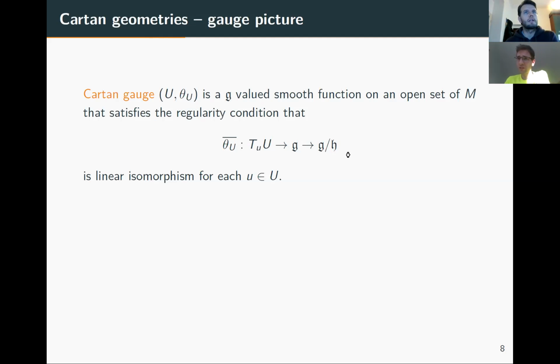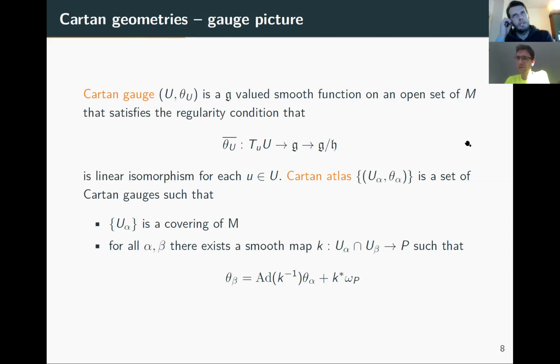So this is a Cartan gauge, and then a Cartan atlas is a set of Cartan gauges such that you actually cover your manifold, and that when you have two different gauges, then at the intersection you have a smooth map into the Lie group P, such that the following formula holds. So you have some kind of gauge equivalence, and from this you can actually build this P principal bundle and so on.